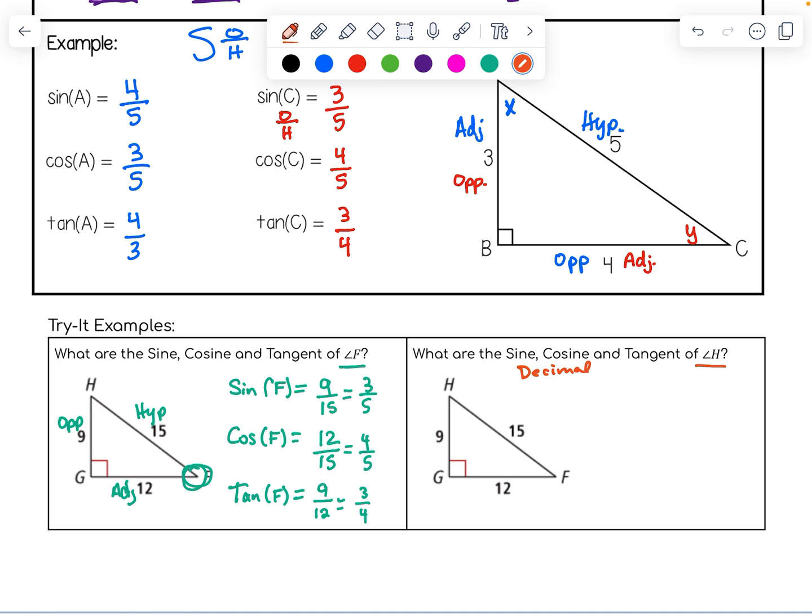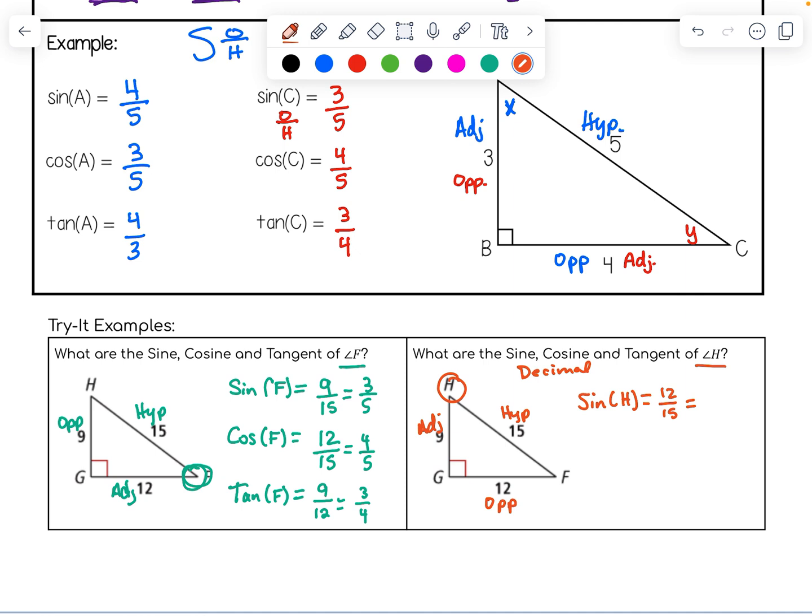Okay, so if we have the sine of H, this time we're going from H, that makes this our opposite. This 9 is our adjacent, and 15 again is our hypotenuse. So the sine of H would be 12 over 15. And to make that a decimal, we just divide them.